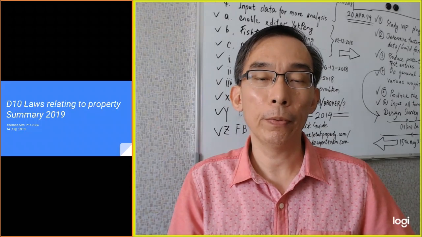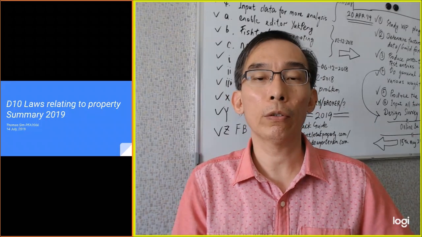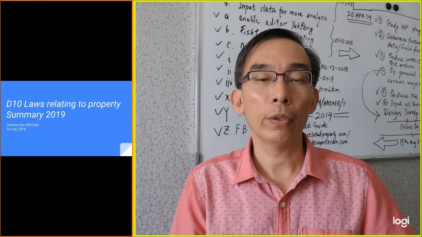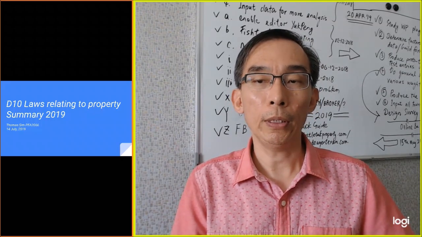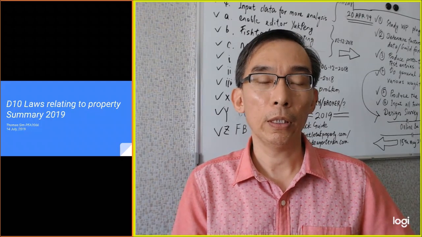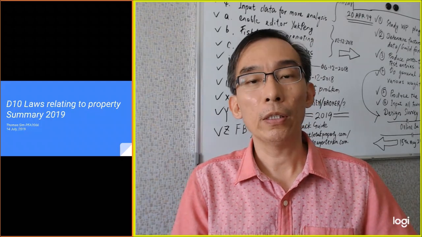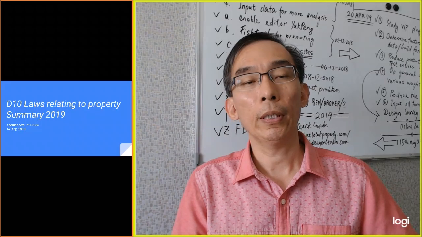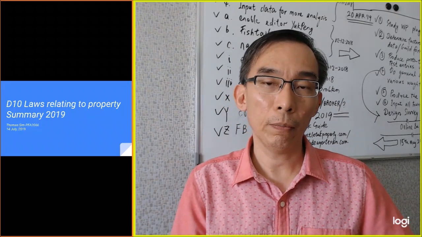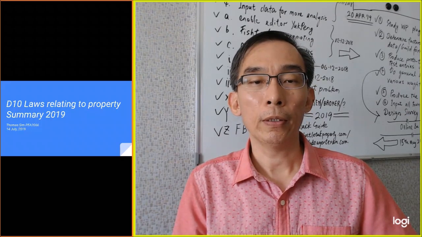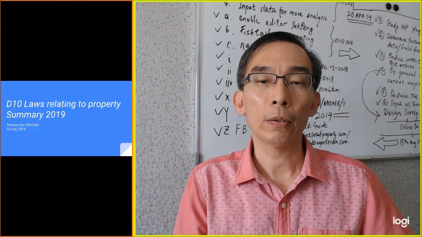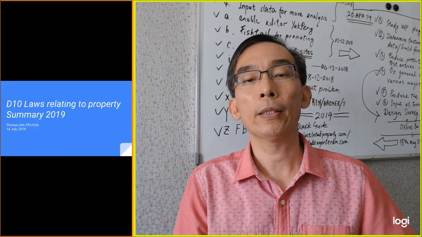Most people who are doing Part 2, there are 3 law papers, as I like to repeat. One is law relating to properties, D10. Estate agency law, D8, and then real estate agency practice, which is D11. Out of the 3, laws relating to property is considered one of the harder to pass.